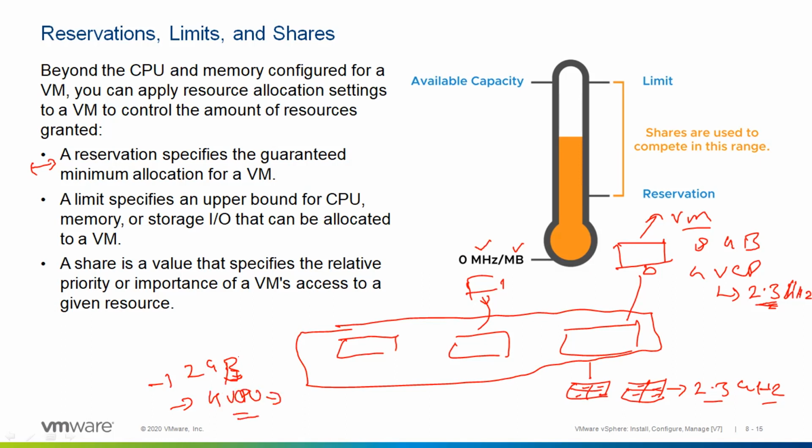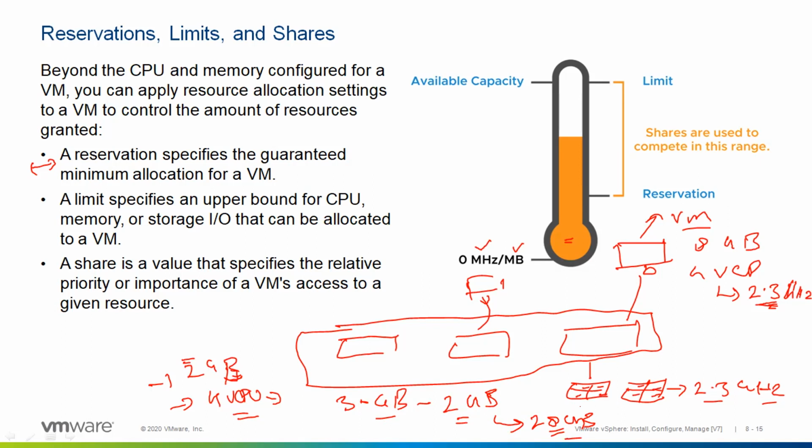If we say we have fixed 2 GB, it means that 2 GB will always be available for this VM. If within the cluster I had 30 GB of RAM, then 2 GB is completely reduced from that, because that is fixed to the virtual machine. Now, to provide memory to the rest of the VMs, the available bank is 28 GB. So reservation is a fixed value that is assigned to a virtual machine.